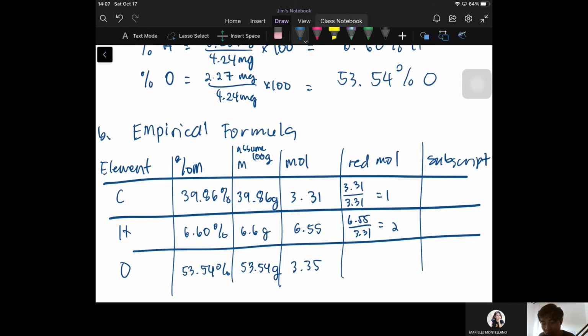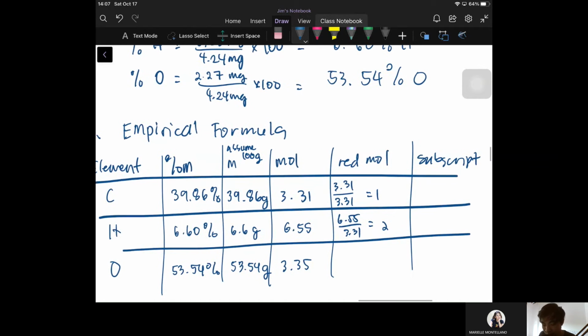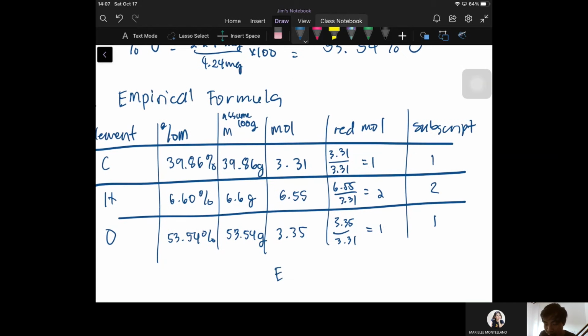Basta mga 0.9, pwede na yan. 3.35 divided by 3.31 is 1.01. I-round down mo na yon. That's 1. Okay. So our subscripts would be 1, 2, and 1 for the empirical formula.